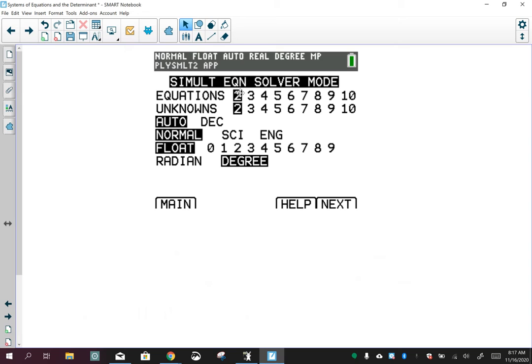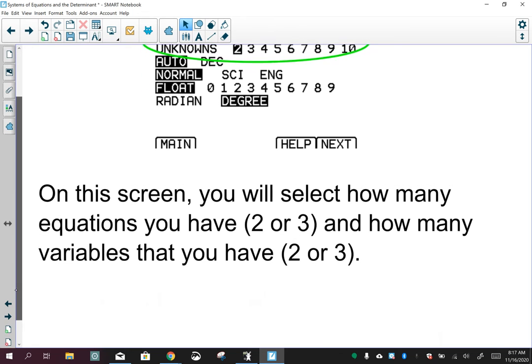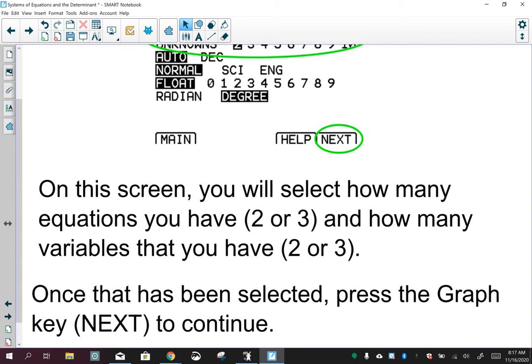Right now we're dealing with a 2 by 2, and you're just going to leave everything else alone. Then you hit the next button, which should be right above your graph key. So you just hit your graph button, and it takes you to this screen.